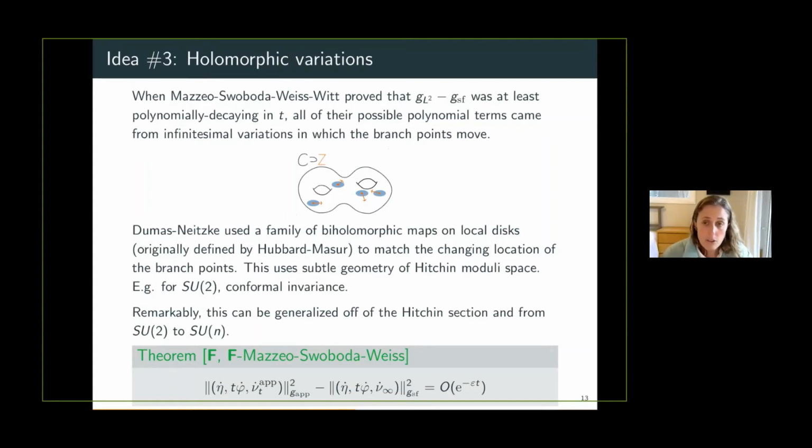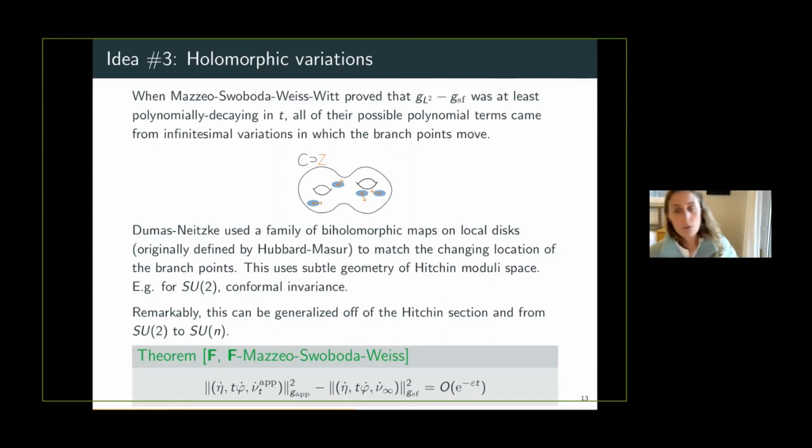And so if you just include those and do the reasonable thing, you get possible polynomial terms. But Gaiotto-Moore-Neitzke found a nice trick for dealing with this. They used a family of biholomorphic maps on these local disks. They introduced a little infinitesimal holomorphic flow on these disks that perfectly matched the changing location of these branch points.